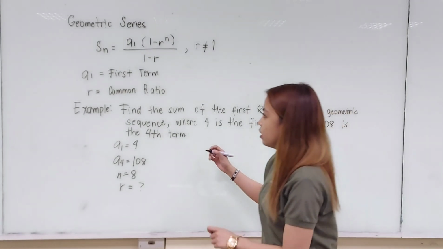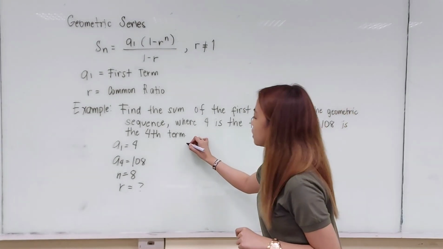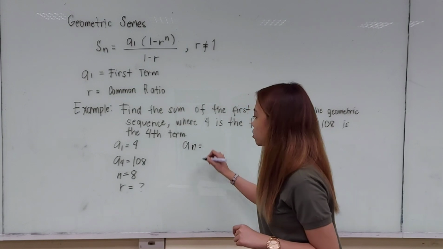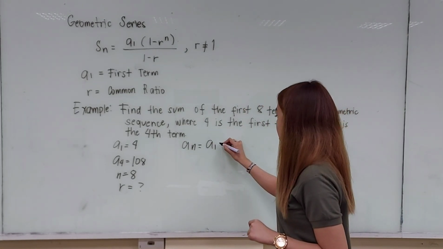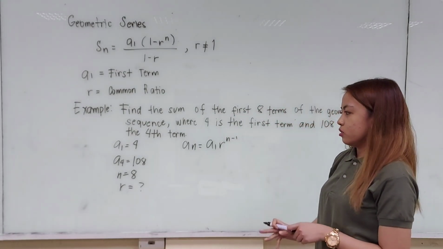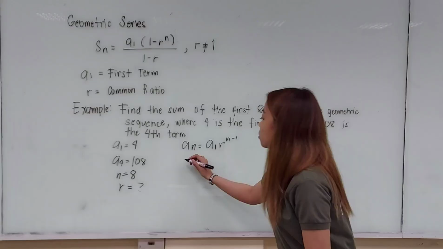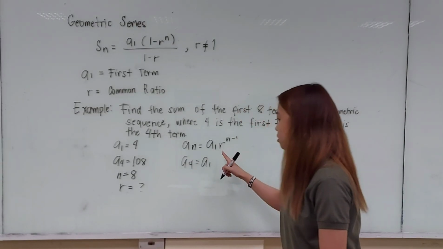So, the general term for geometric sequence is a sub n is equal to a sub 1 r raised to n minus 1. So we will substitute it. So a sub 4 is equal to a sub 1.